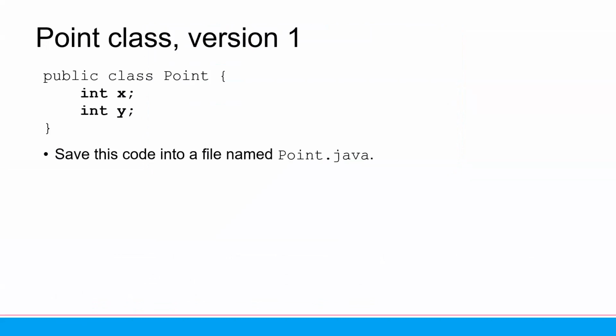I have the public class Point. Now you need to pay attention to this code. In this case, I have no main method. Whenever we create a new class in Eclipse, we always create it with a main method, but now I don't have a main method.